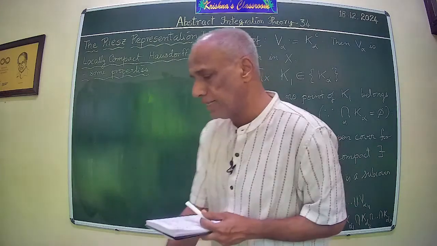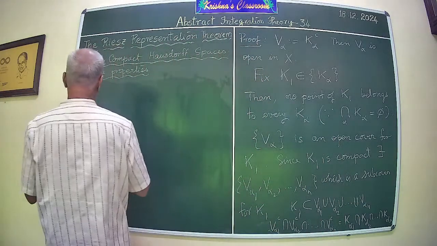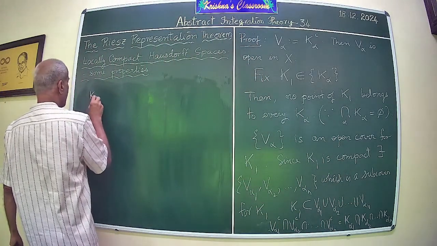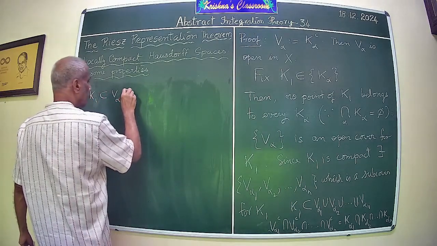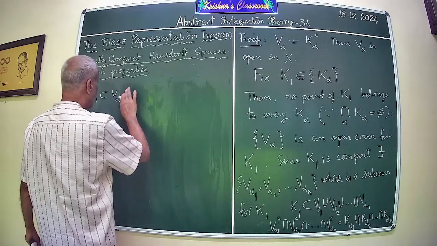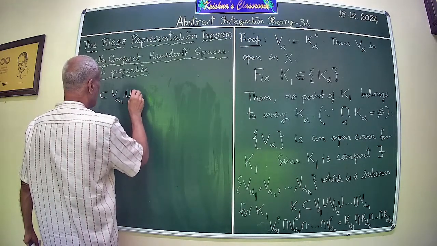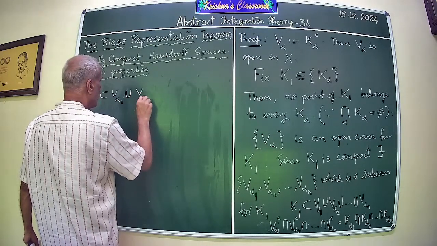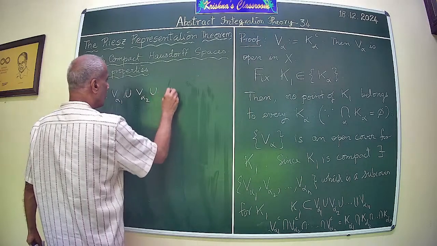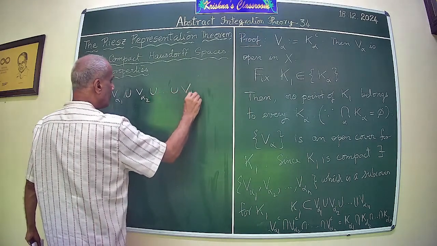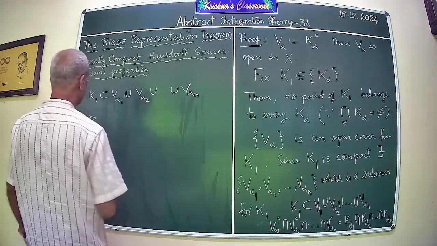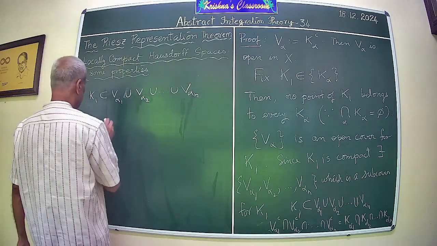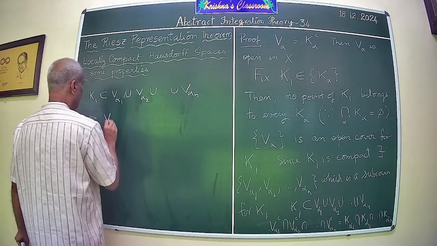From this relation, that K1 is contained in the union of the V alpha i, take the complementation.